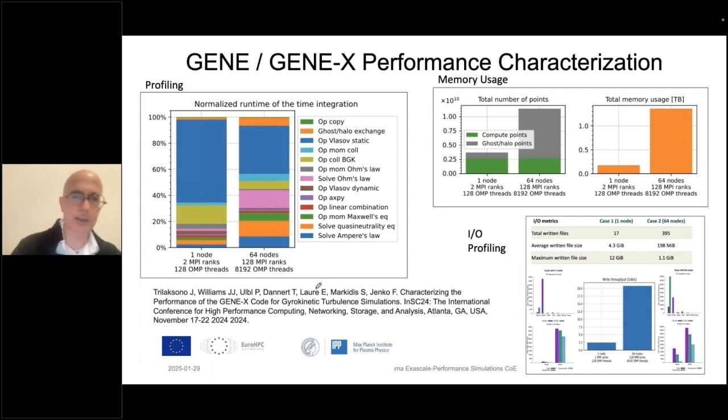We try to understand which part is taking the most time. So here, for instance, you see a snapshot of all the functions in the case of GENE-X. Memory usage, and as I said, also a lot of work on the I/O part itself.